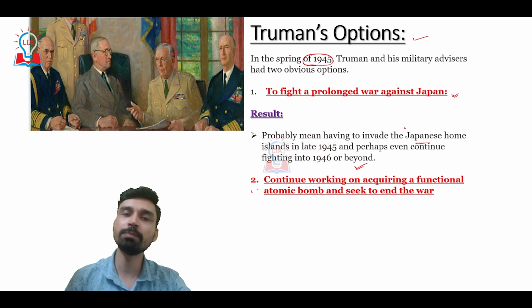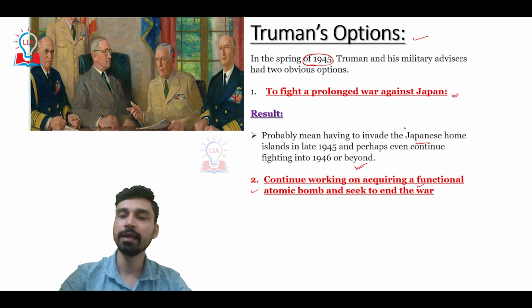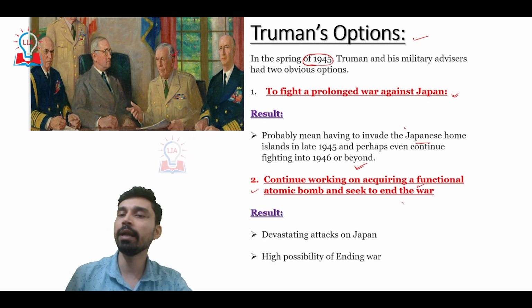The second option was to continue working on acquiring a functional atomic bomb, which was part of the Manhattan Project, and by using this atomic bomb in the near future, try to end the war.